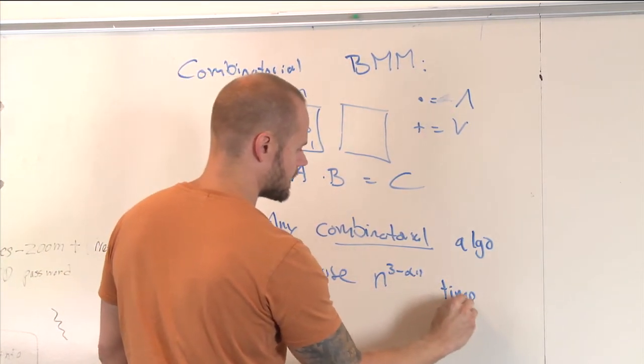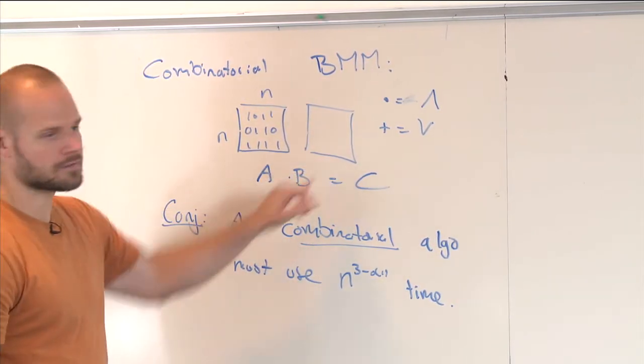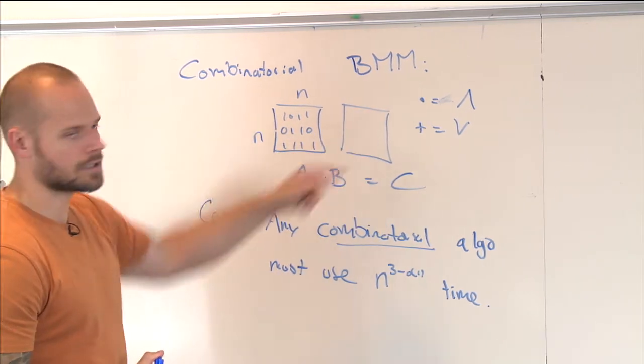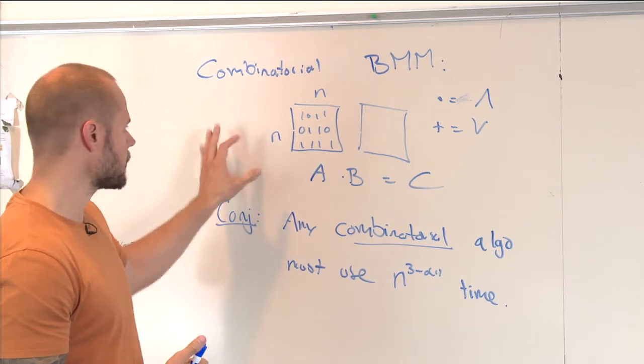And of course, the problem is that you can actually solve this using fast matrix multiplication. Just do it over the integers, and if an entry is non-zero, it has to be a 1 over the Boolean semiring. So you can solve it in n to the omega time.